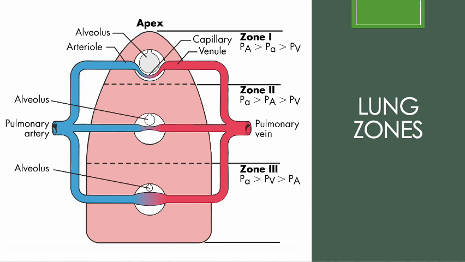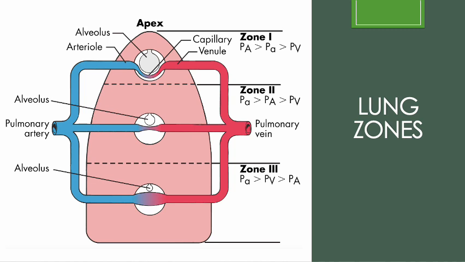A point is described in zone 2 along the continuum of decreasing intraalveolar pressure where arterial pressure exceeds alveolar pressure. Below that point, flow is solely dependent upon arterial flow and unrelated to alveolar or venous pressure. The zone 2 relationship is not static, but fluctuation in alveolar pressure related to respiration can variably occlude capillary flow.